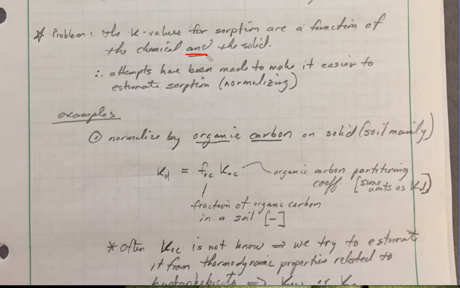As I mentioned before, they've tried to come up with ways of predicting sorption by normalizing, and they usually tie it to carbon in the soil, so that this coefficient is a function of the distribution coefficient for organic carbon, and then you need to know the fraction of organic carbon that is in the soil. They do this by an ignition test. They actually burn the soil, and they can tell how much carbon burns off of it.